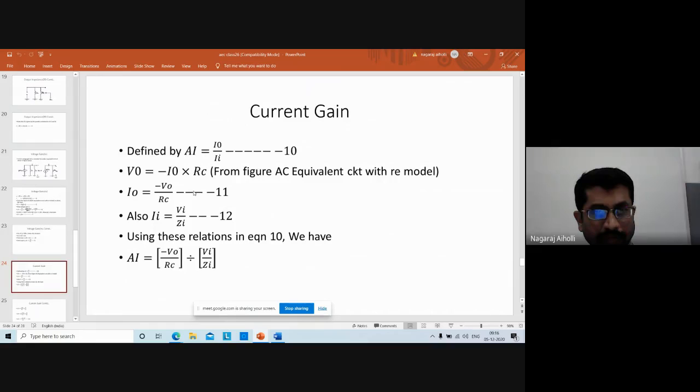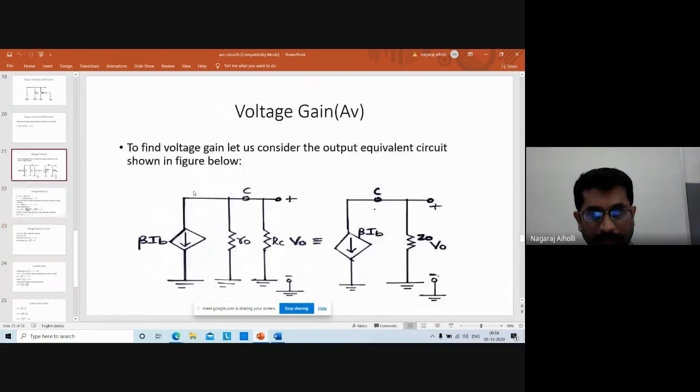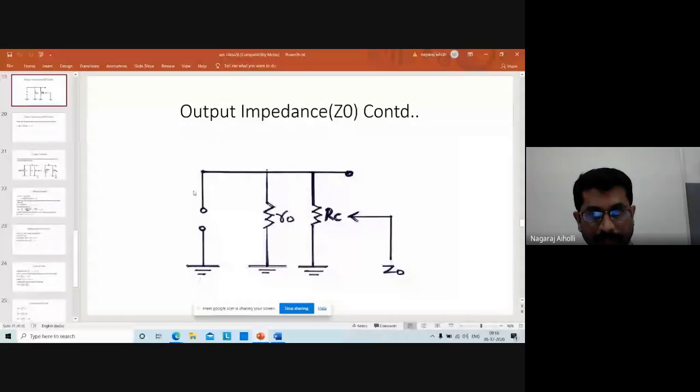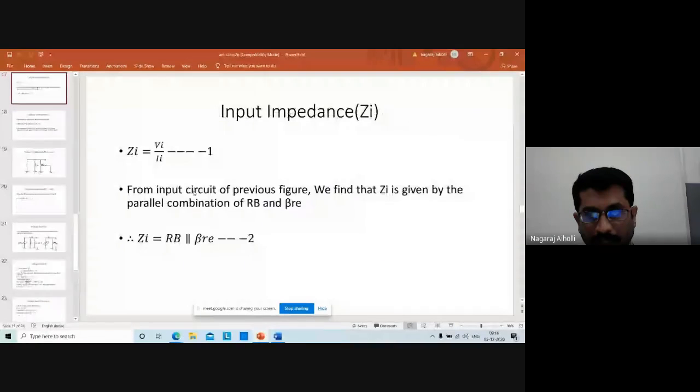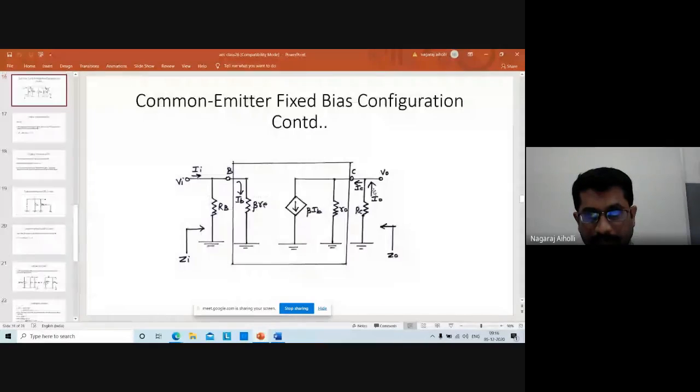V naught is equal to, from the re model, output current into output resistance. That is V naught is equal to I naught into RC. Here current entering is positive, current leaving is negative.